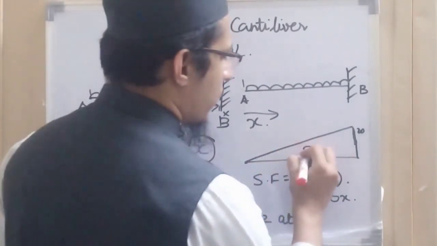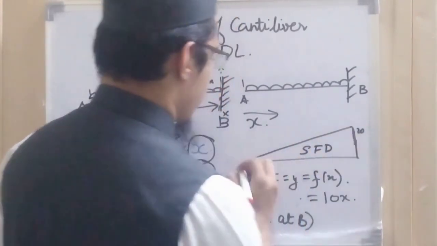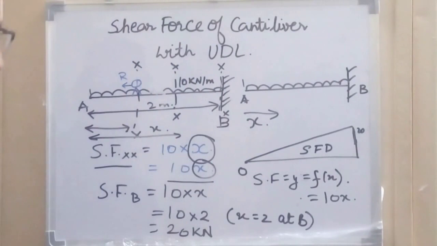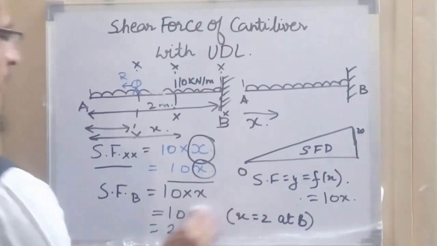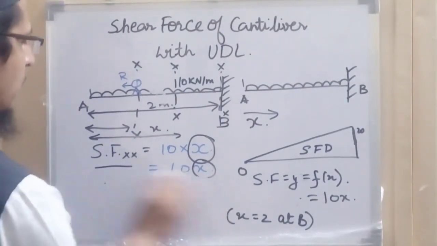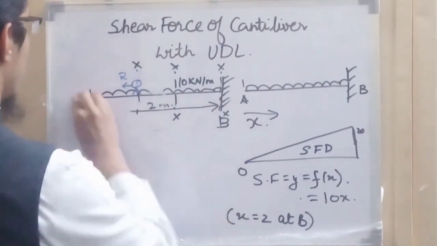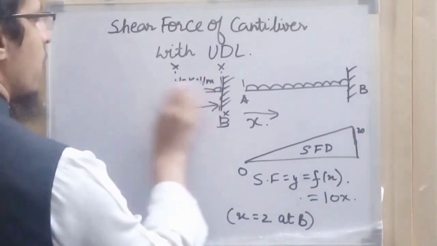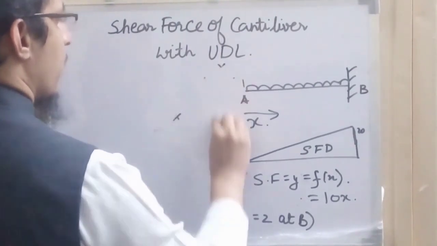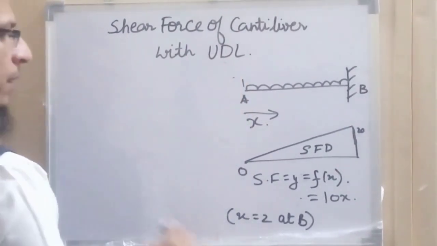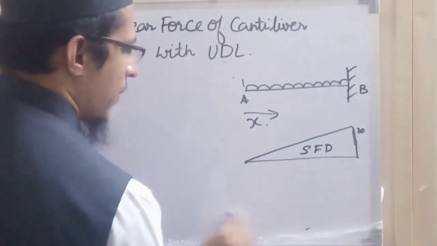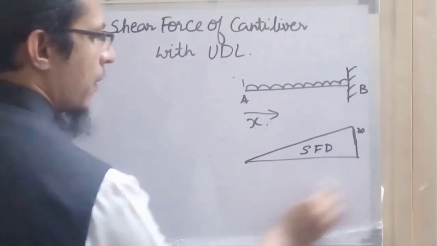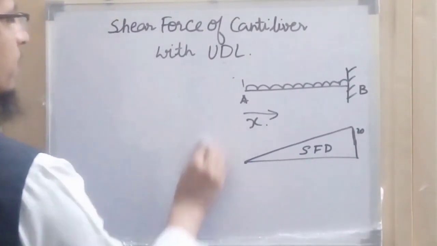So this is the shear force diagram where this is 20 and 0. Suppose, as we have discussed earlier in the previous case, when there is a point load on the beam, what is the shape of the shear force diagram?